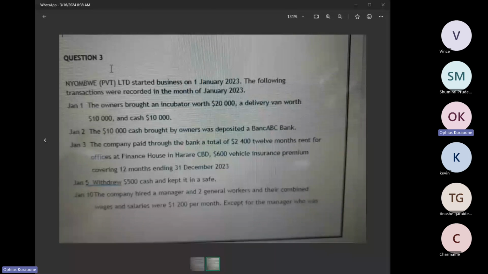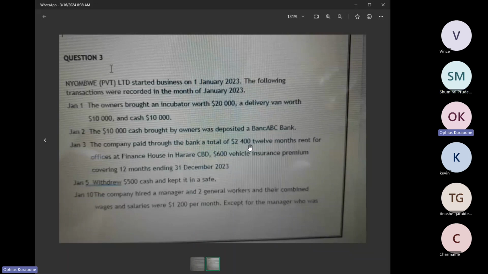So let's continue here. On January 3, the company paid through the bank a total of 2,400, 12 months rent for the office at Finance House.